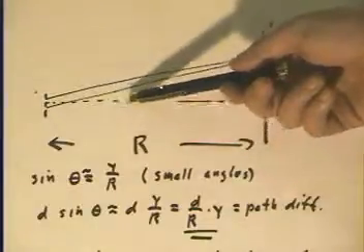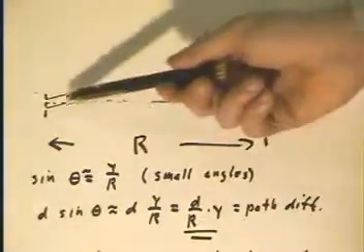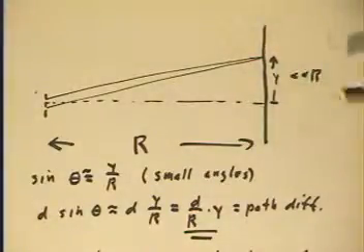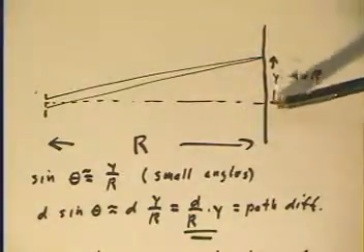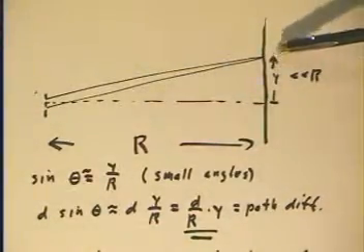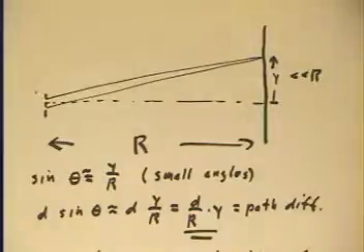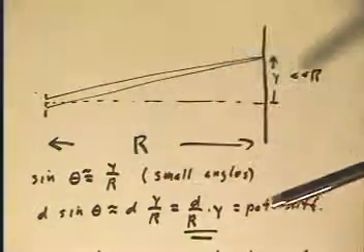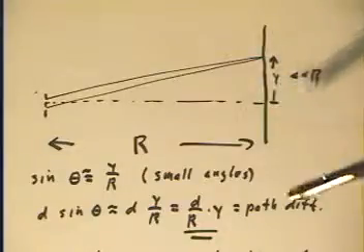So we have the angle theta here that we can easily measure. If we know y out here, then that determines the angle theta. If y is the distance from this central axis to the point that we're looking at, then the sine of this angle theta is just y over r. Very close to y over r.